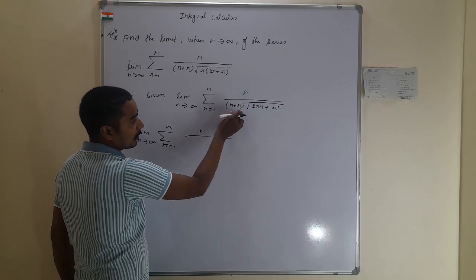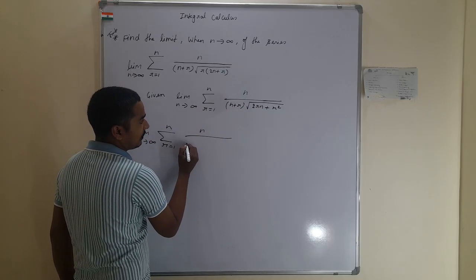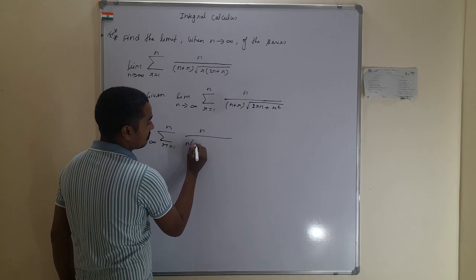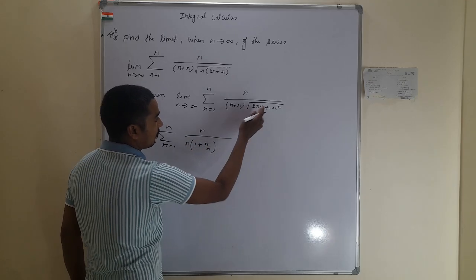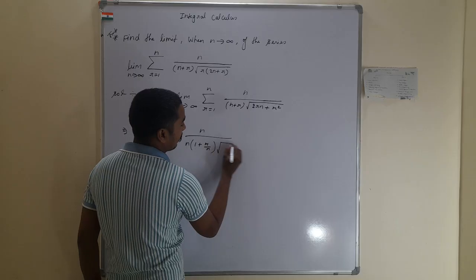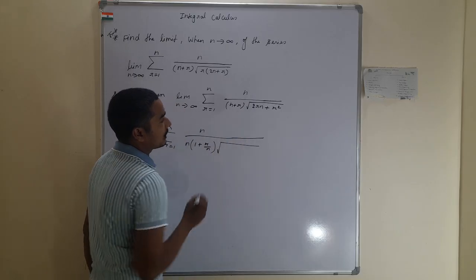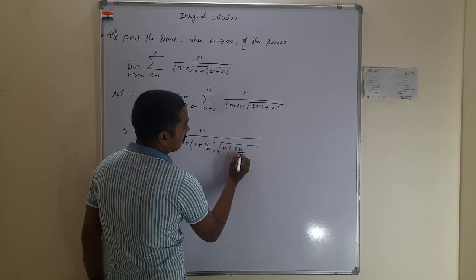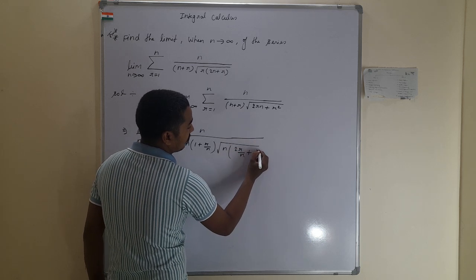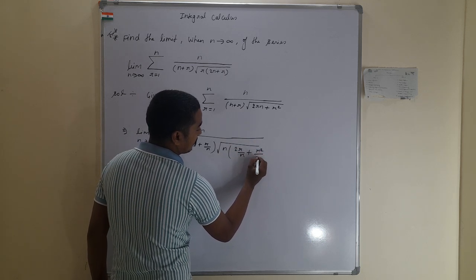We can take common n in n plus r. From n taking common, this gives 1 plus r by n, and in the given under root we can also take common n. This gives 2r by n plus r square upon n square.